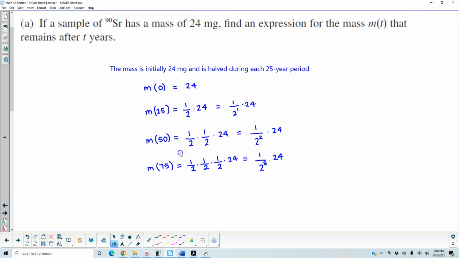And then if we go a little further, for another 25 years, we have M of 100. So we have 1/2, another half, times another half, times an additional half, times 24. And that gives us 1/2 to the fourth power times 24.